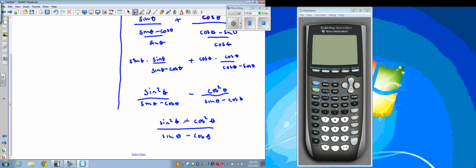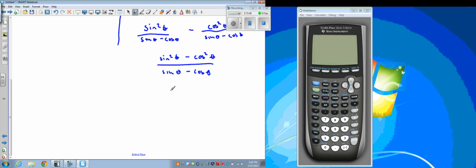We can factor that into sine plus cosine, sine minus cosine, and we got something we can cancel. So that numerator is sine theta plus cosine theta times sine theta minus cosine theta. You see, I'm almost to the point of making them look alike, right?